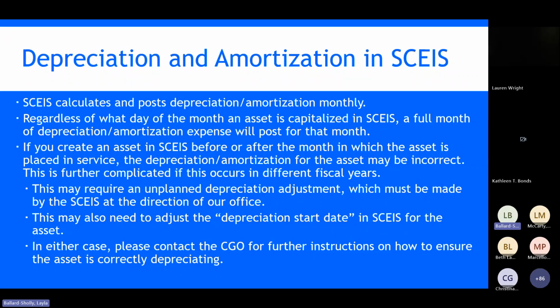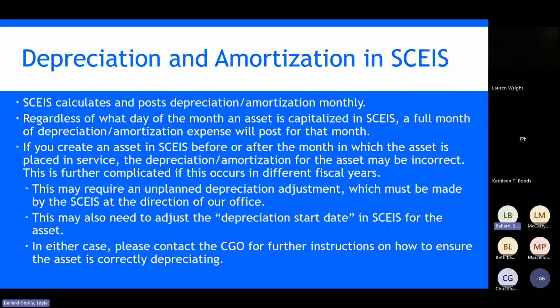It was something that already existed in SAP to allow us to post unplanned depreciation adjustments. So we now have the capability of adjusting the depreciation, but that has to be done by the SKIS team at the direction of our office.